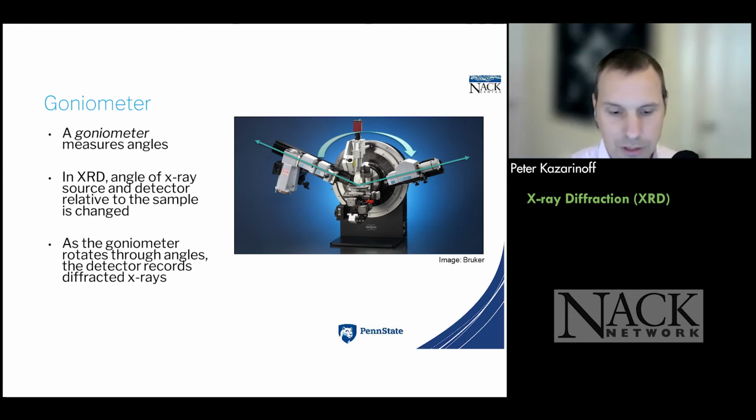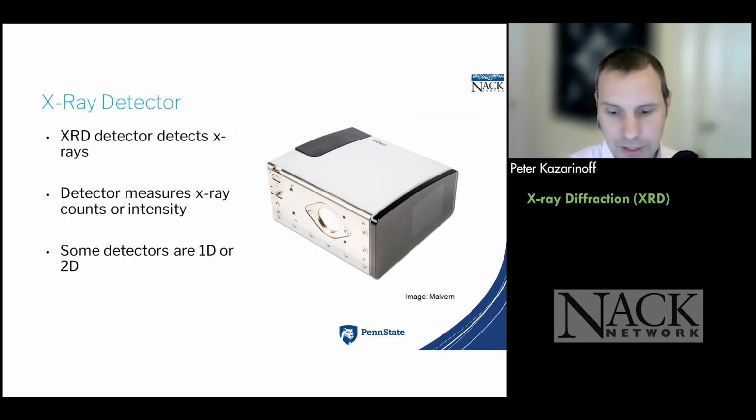As the goniometer rotates through angles, the detector records diffracted X-rays. The X-ray detector is the part of the diffractometer that detects the X-rays, and it measures X-ray counts or X-ray intensity. Some X-ray detectors merely detect the quantity or intensity of X-rays, and other X-ray detectors can measure in 1D or even 2D for specialized measurements.